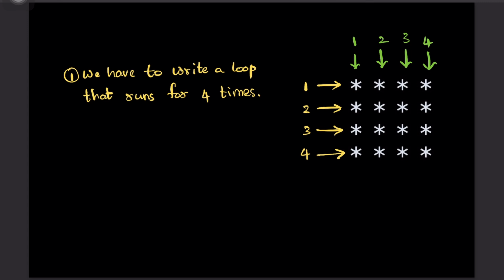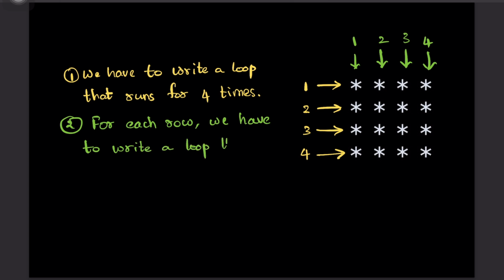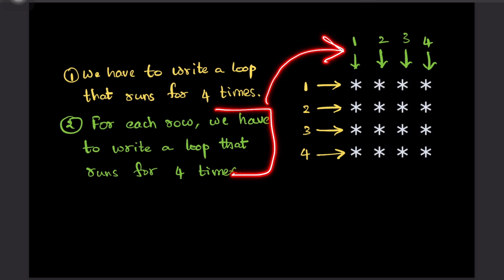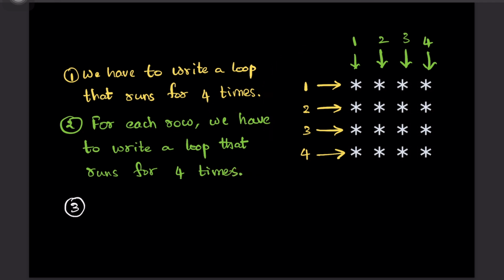This is for row traversal. 2, for each row, we have to write a loop that runs for 4 times. This is for column traversal. 3, for each column, print a star symbol, since we are given a star symbol to print.